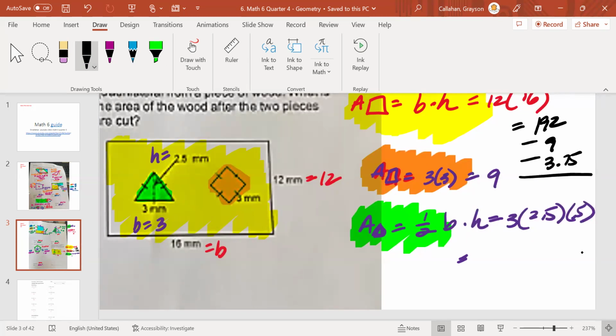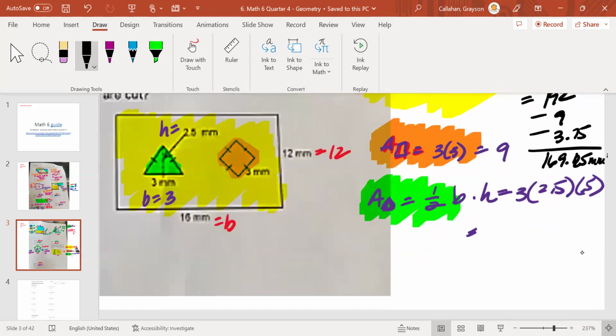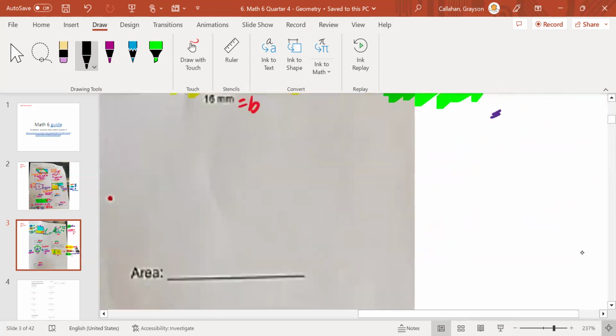Okay, now subtract it. What do you get? Millimeter squared. 160 what?